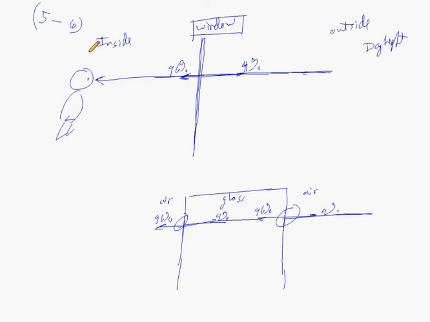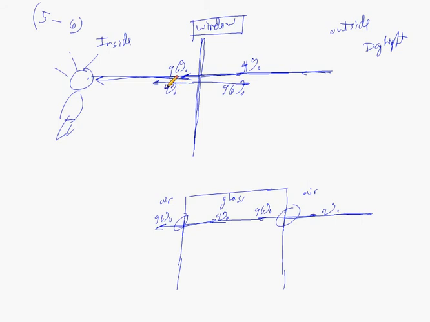But you're in a well-lit room, and so there's light scattering off you in all directions. Some of the light scattering from you hits the window and transmits through. Again, 96% gets transmitted through. But 4% of light from the inside gets reflected back to you.